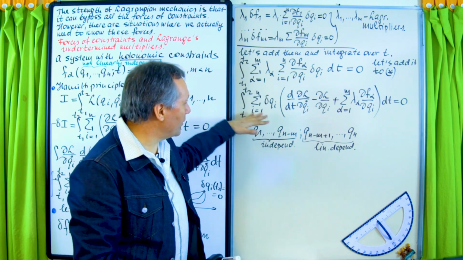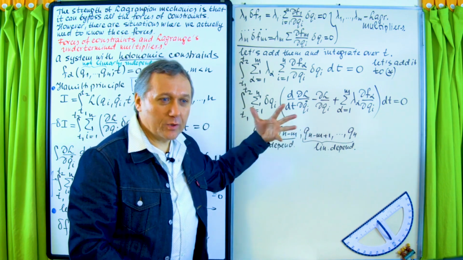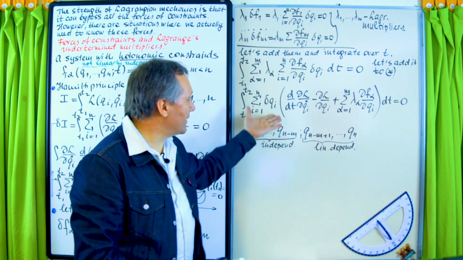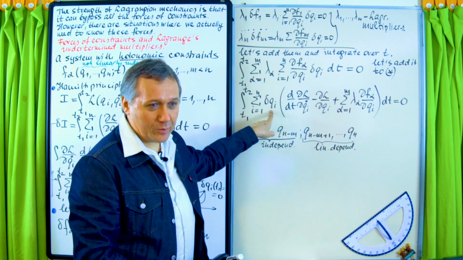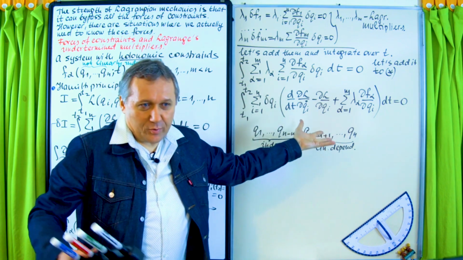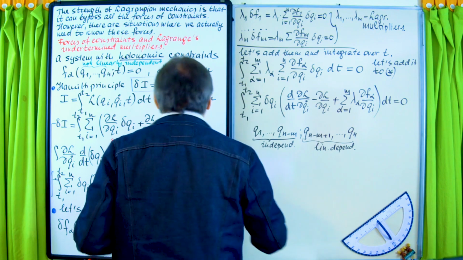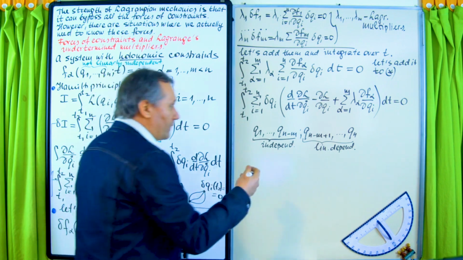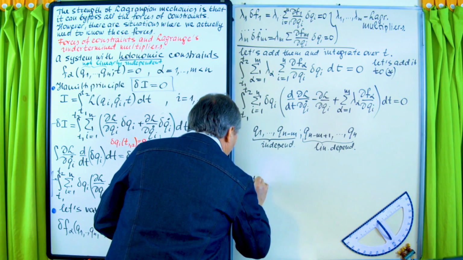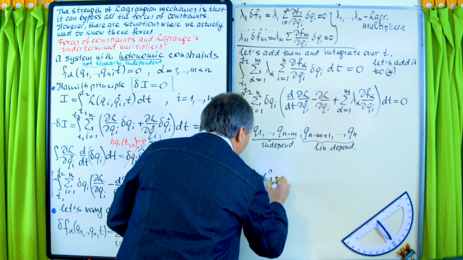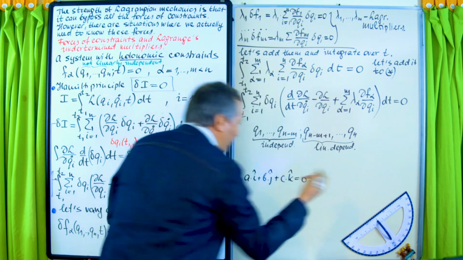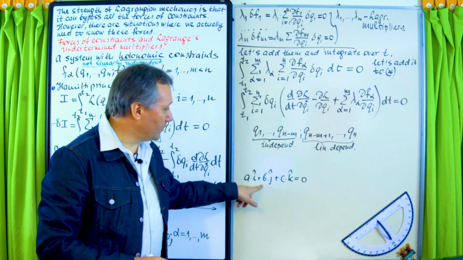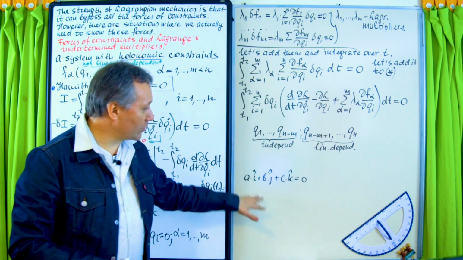And of course, if we have only terms related to linearly independent coordinates, then we can say immediately that factors next to these delta q's must be 0, otherwise it's impossible. Remember, for example, in three-dimensional vectors, say you have a i hat plus b j hat plus c k hat equals 0. Since i, j, and k are linearly independent, it can only be correct when a, b, and c equal 0 identically, right?